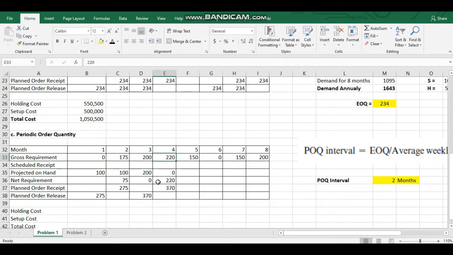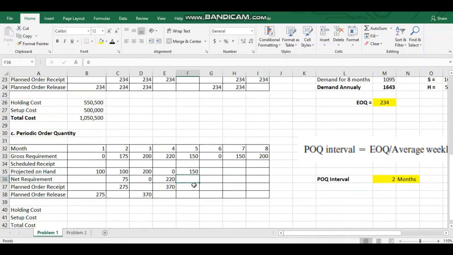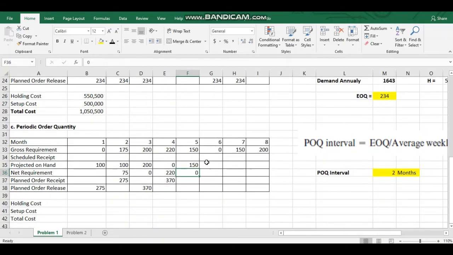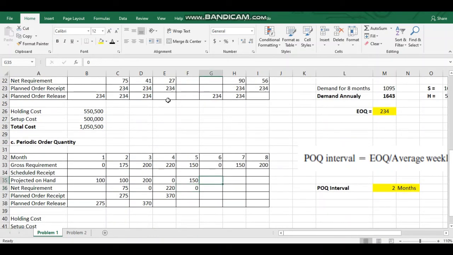To fulfill the fourth month's requirement, we use the planned order receipt of 220 units, and the remaining will be carried to the next month and used to fulfill the gross requirement at the fifth month. So the net requirement becomes 0, and we have 0 inventory here, and since there's no requirement, our net requirement is also 0.